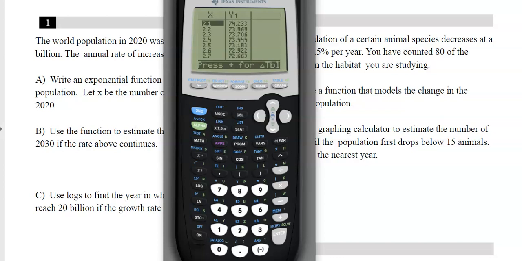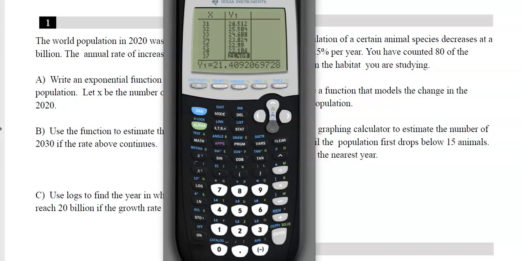Right now, I have it at 0.1. I think this said go to the nearest year. So I'm going to change my table set from 0, and we're just going to go by regular ones. Let's go back and check out that table. So we start at 80. We are dropping. Remember, I'm looking for 15. So when do we go below 15?